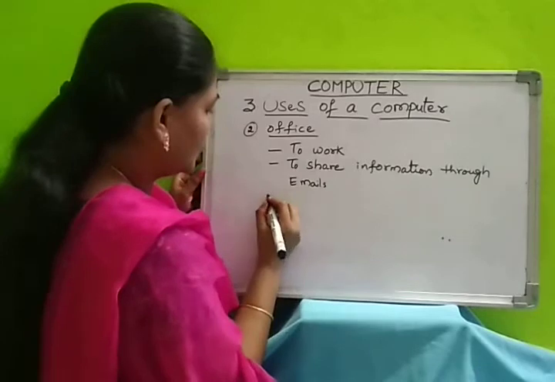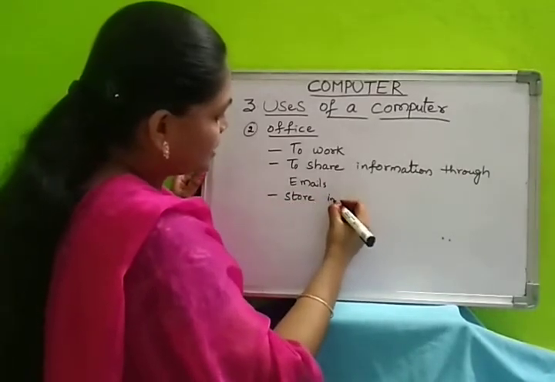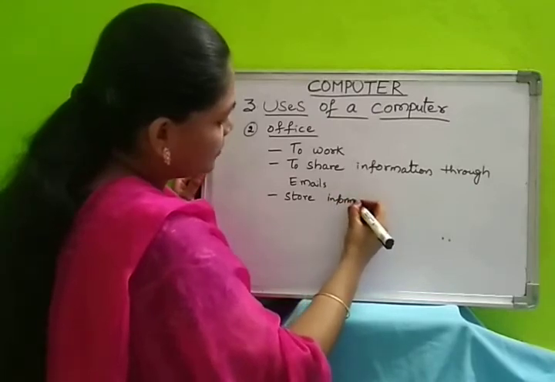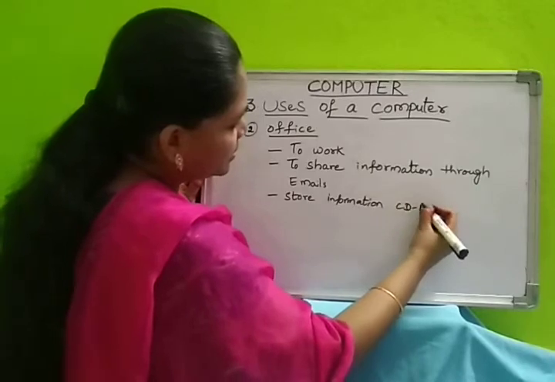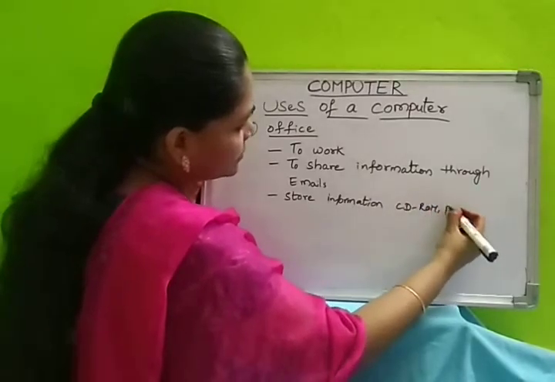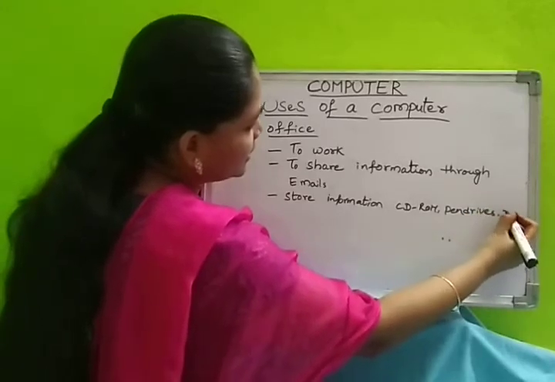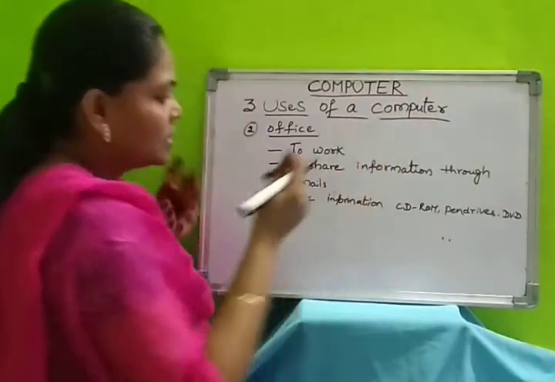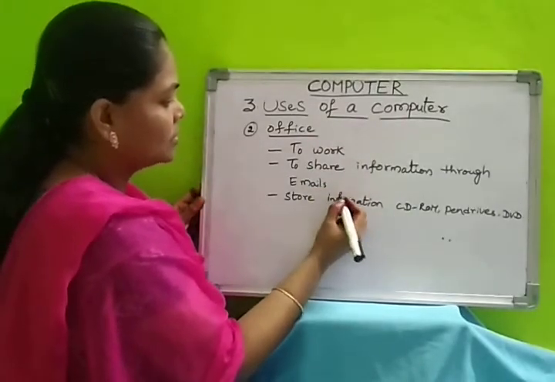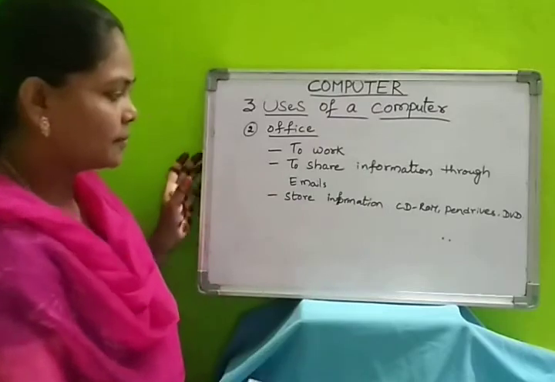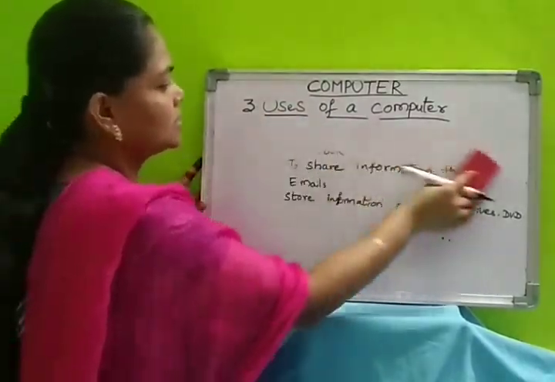And they can store information in CDs, CD-ROMs, pen drives, DVDs. In those they can store the information and use it for another purpose. Okay, so that is the use of a computer in office.